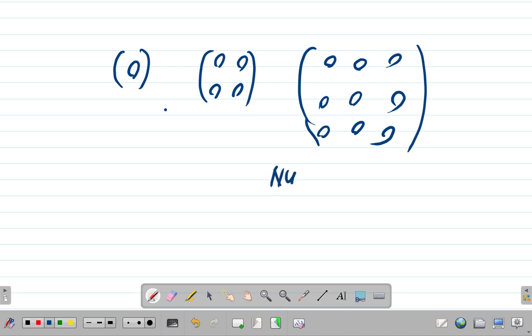This is a null matrix because all the elements are 0. So, here you have the null matrix. This is a matrix that has all the elements 0. Good.